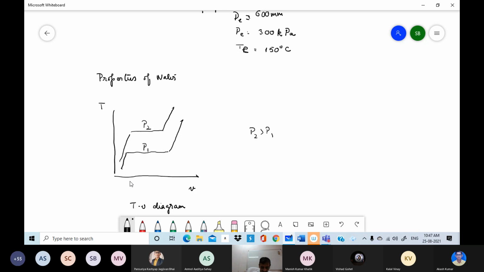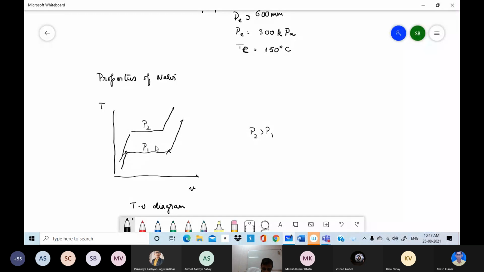Then if you plot it for various pressures, this is the point at which conversion has started occurring from liquid to vapor. And this is where it continues up till this point. So beyond this you have vapor, before this you have liquid.